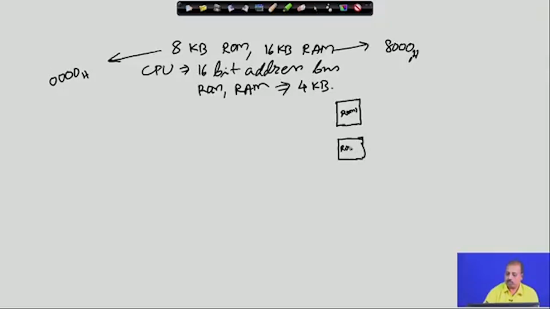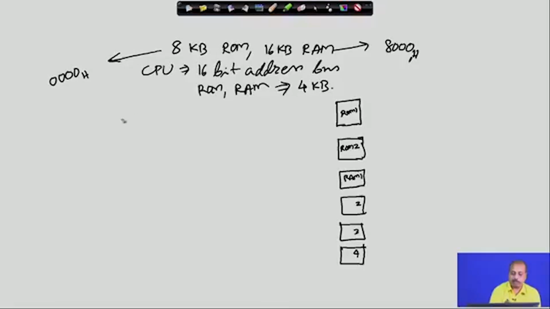Each ROM is 4 kilobyte, so that makes 8 kilobyte. Then the 16 kilobyte of RAM can be made by putting 4 such RAM chips. So, these are the 4 RAM chips which make it 16 kilobyte of RAM space: RAM 1, 2, 3 and 4.